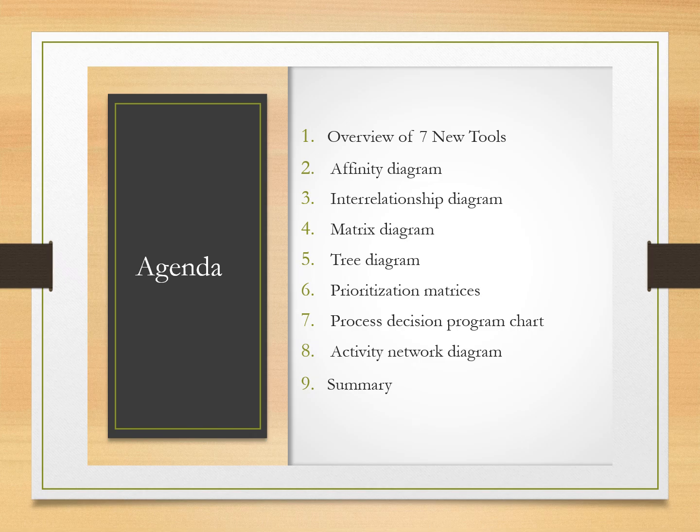For each tool, I will explain what it is, how to use it, and more importantly, when we want to use it in real-world situations. And finally, we'll wrap up with a summary that ties everything together.